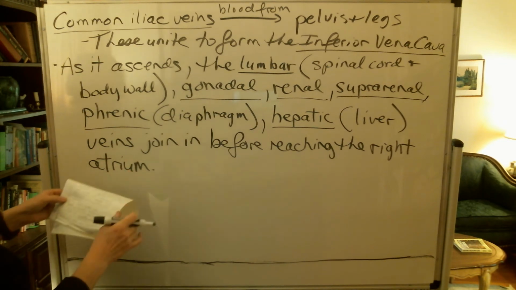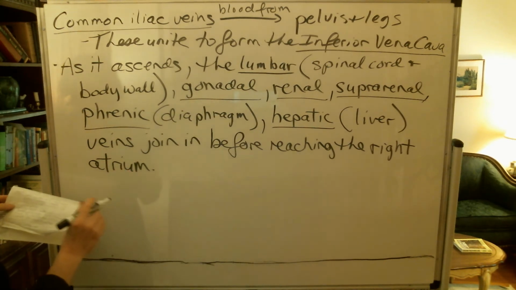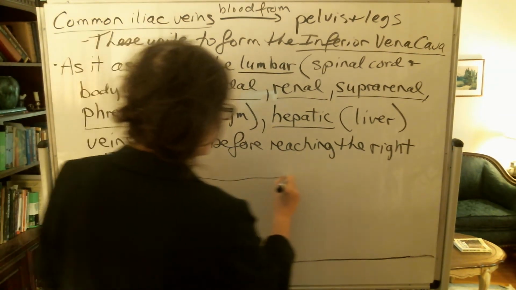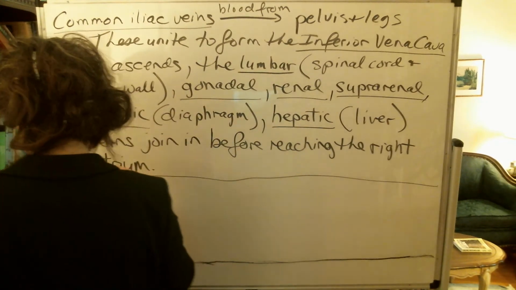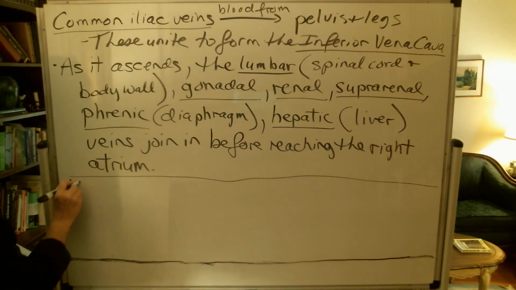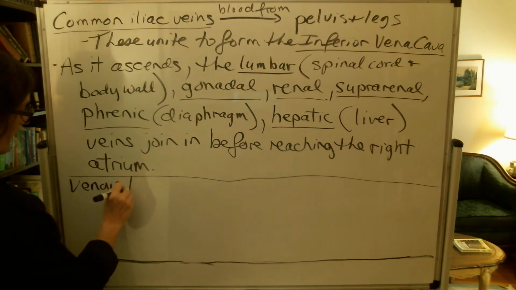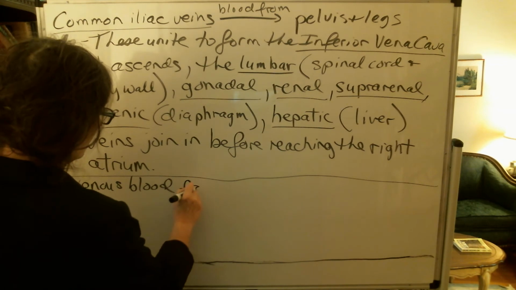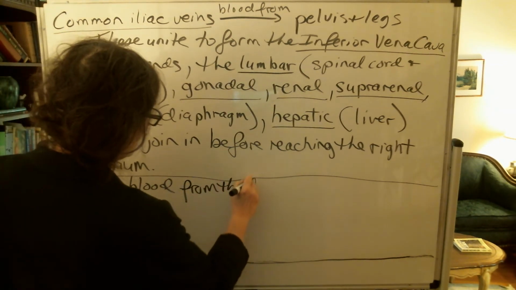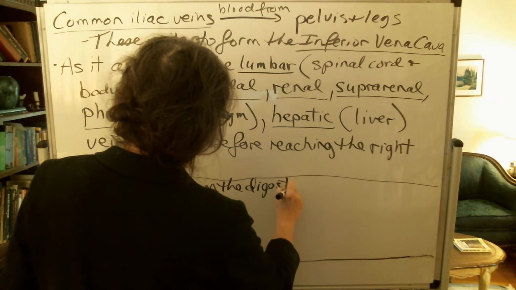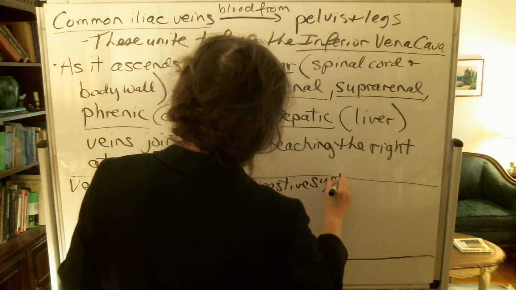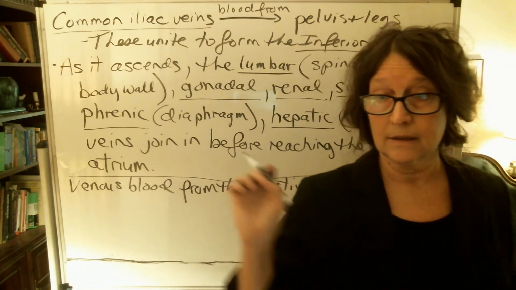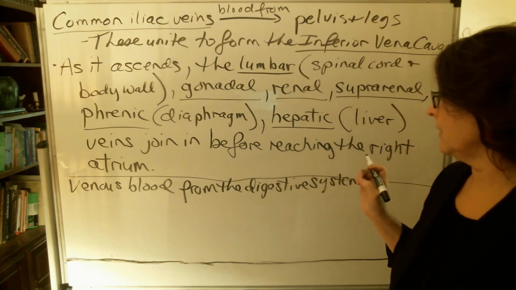So there's one thing that I've left out of all of this now, and this is incredibly important. The venous blood from the digestive system. You'll notice that I did not say anything about mesenteric veins in this because they do not join up immediately.